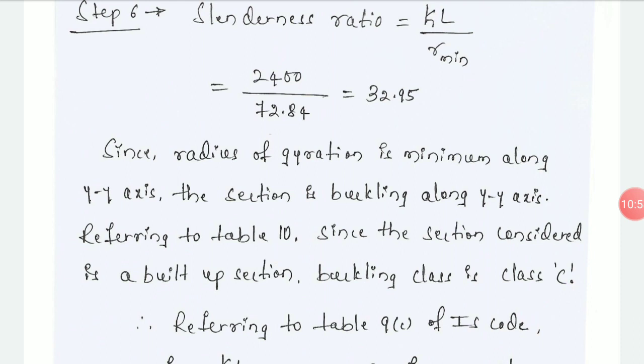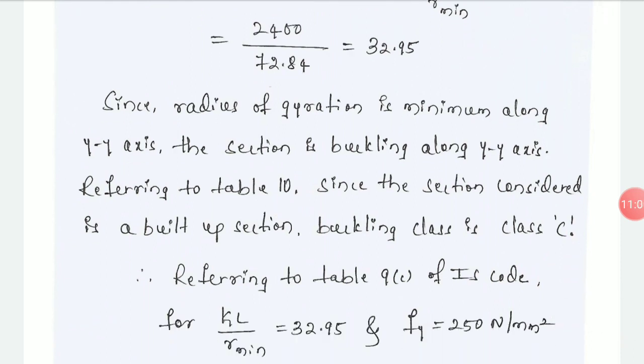Referring to table 10, since the section is considered as built up section, buckling class is C. In table 10, at the last you have built up section column. In built up section column, buckling about y axis or x axis, buckling about any axis, the buckling class is C. You can refer to it in table 10 of IS 800.